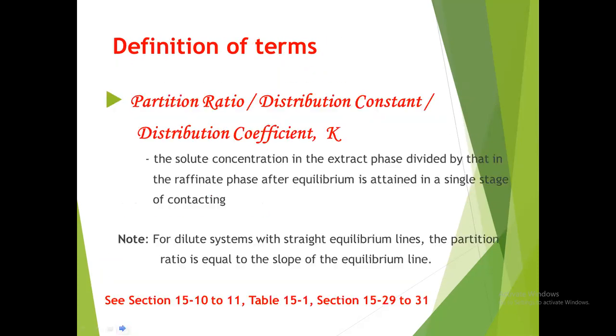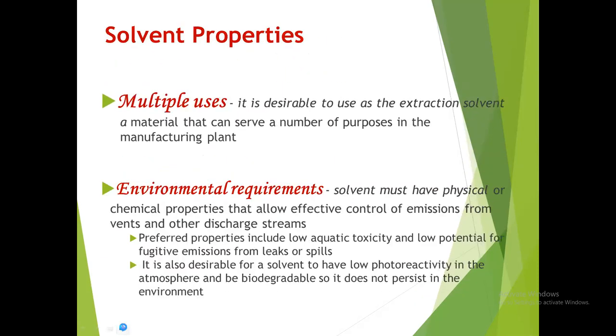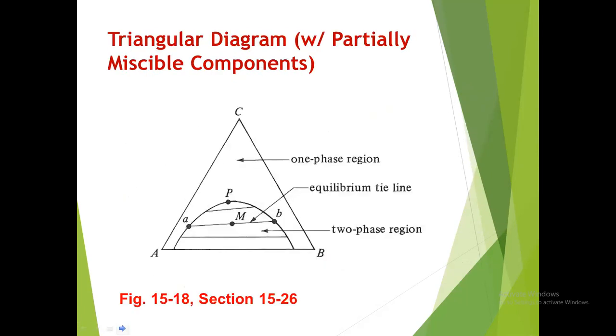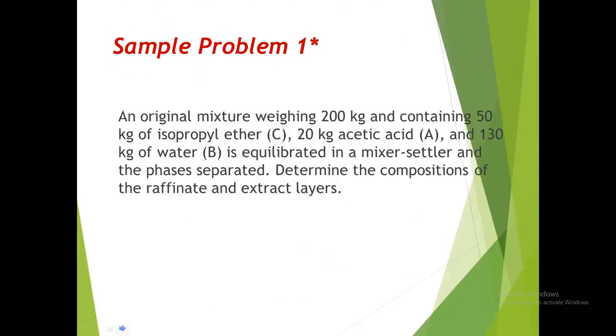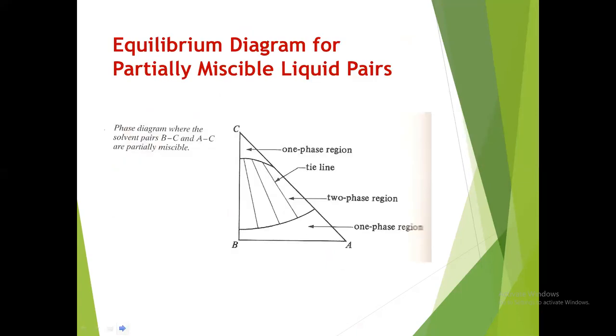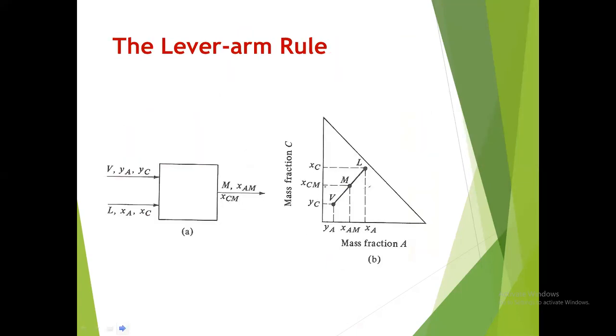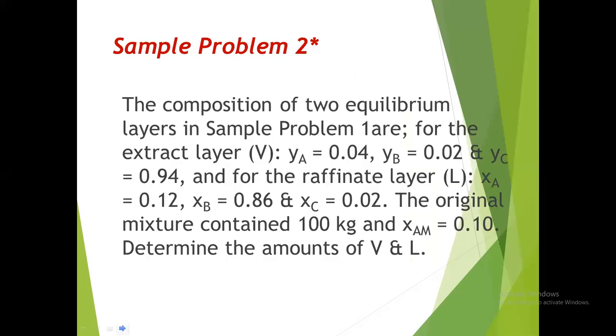So for today, we will continue with the sample problem that will be using material balance, may it be overall material balance and component balance for our systems in liquid-liquid extraction. So we will start off with the second sample problem, a very simple illustration of how we use material balance in determining the amounts of the V and the L phase.